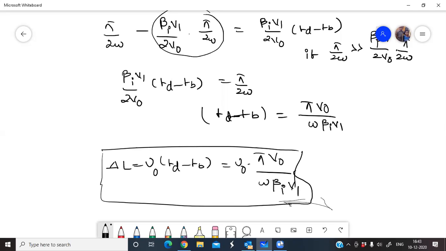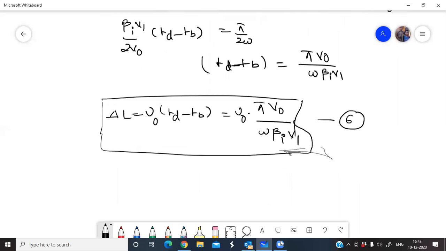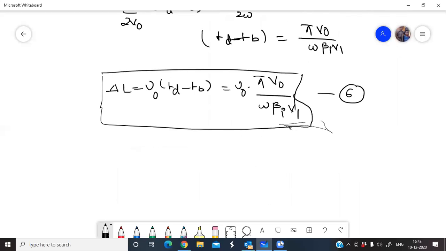Delta L equals small V naught into TD minus TB, that equals small V naught pi capital V naught by omega beta I V1. So this is equation number 6. Not completed, it will take a few more minutes and a few more equations are there.